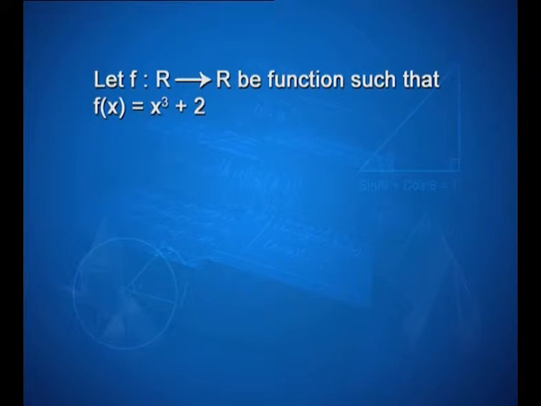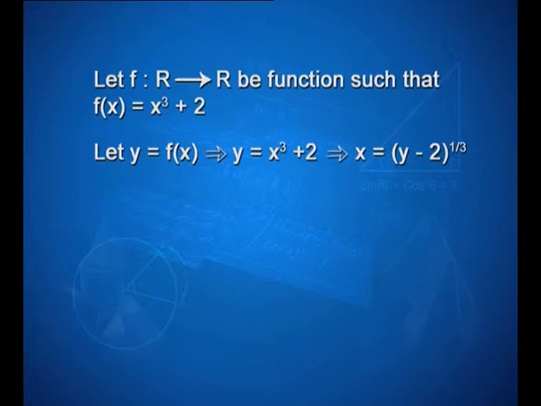Let us take f is a function from set of real numbers to real numbers such that f(x) equal to x cube plus 2. So, to prove the function is onto, let us take y equal to this function, x cube plus 2. Now, we find value of x in terms of y. We can take x cube is equal to y minus 2. x is given by (y minus 2) to the power 1 by 3.